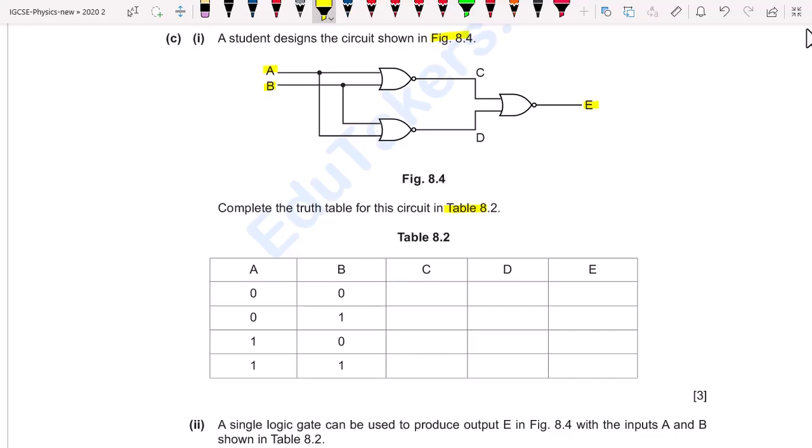You can see in figure 8.4 that these gates are actually NOR gates. First of all, we have to know what a NOR gate is. A NOR gate is basically the combination of an OR gate and a NOT gate.